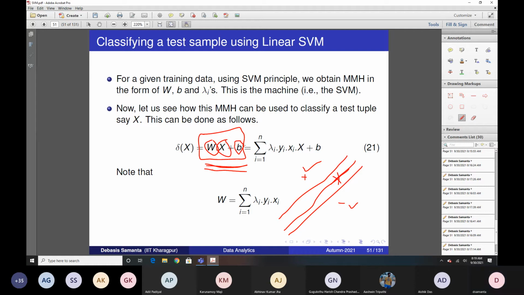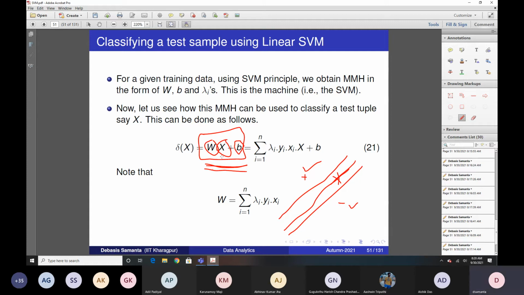If this value is positive, this means that the unknown vector x is lying above this hyperplane. If it gives a negative value, then it is lying below this hyperplane. So it is plus and minus like this. This is clear? So knowing the sign of the value, we can predict which class the unknown vector x belongs to.